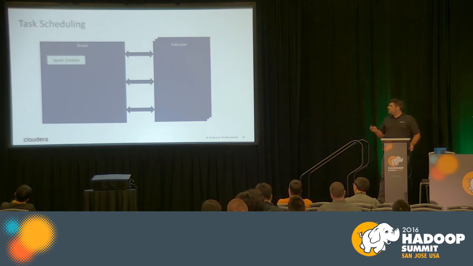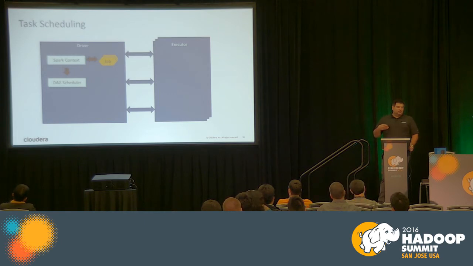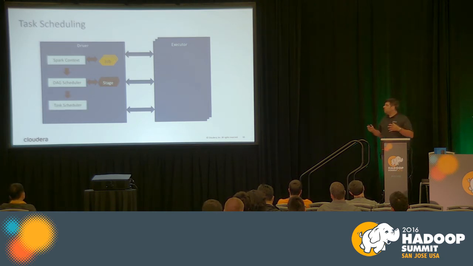The Spark context holds references to our jobs, right? And then from the Spark context, we have a reference to what's called the DAG scheduler. The DAG scheduler takes our jobs and breaks them down into stages. It looks through the program and figures out where the wide dependencies are, creates stage boundaries, and keeps this all intact in the DAG scheduler. And then there's also a task scheduler, which takes each individual one of those stages and breaks it down into individual work.